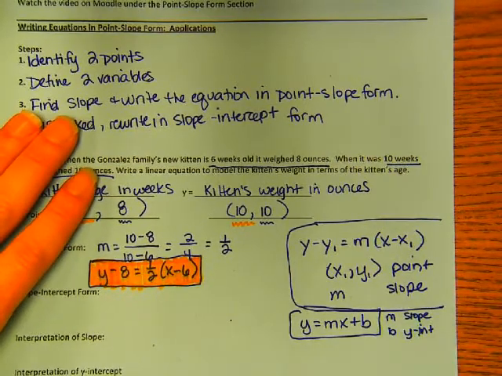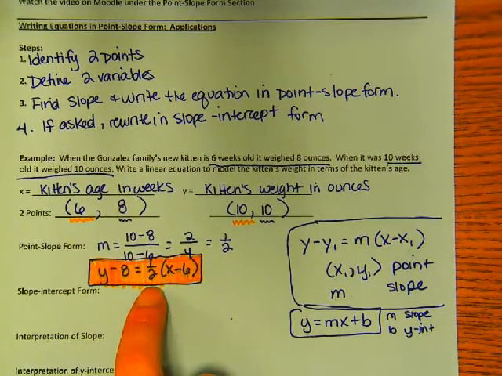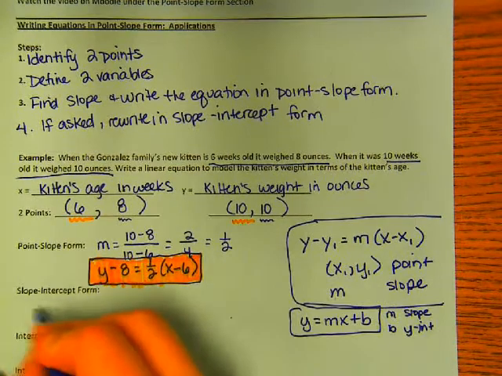Alright, so as I'm doing this, all I would need to do is distribute this 1/2. On the left side, I still have y minus 8 equals.